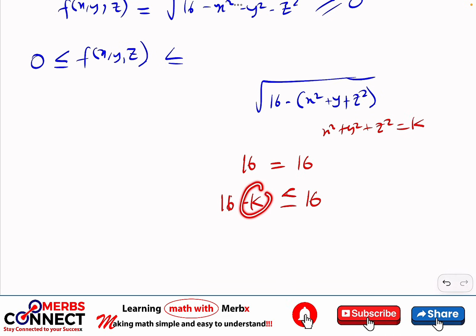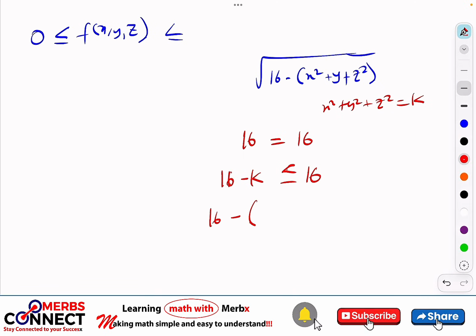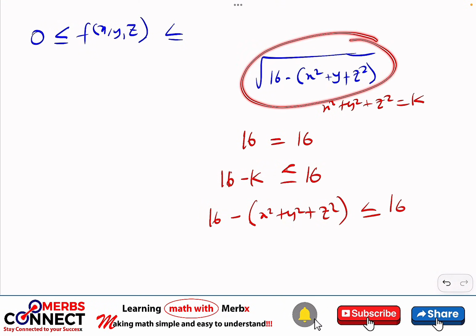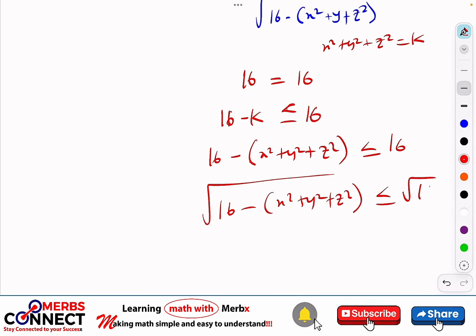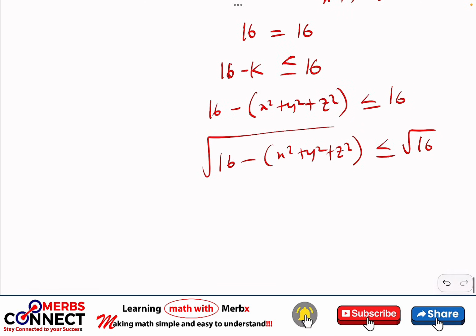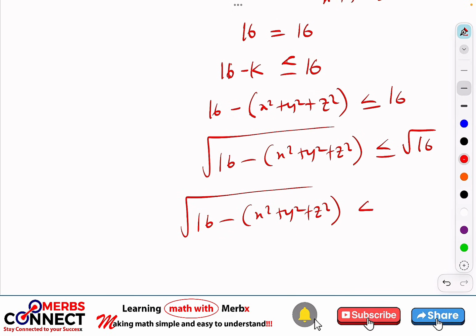But we are saying that k is equal to this. So we are going to have 16 minus x squared plus y squared plus z squared less than or equal to 16. Now we want to form this, so we take the square root on both sides. The square root of 16 minus x squared plus y squared plus z squared is less than or equal to the square root of 16. And guess what is going to happen? This guy here is going to be at most 4.